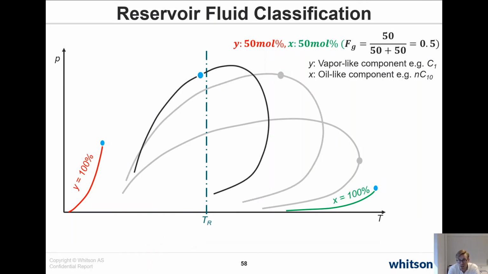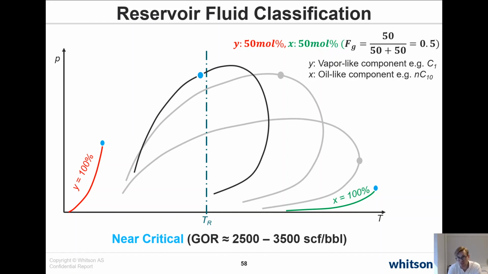And once we've actually added so much gas that the critical point is to the left of the reservoir temperature, then we are talking about a gas condensate system, or something that's very, very near critical. So this is actually a near critical gas condensate system. But for practical purposes, when things are this near critical, we in general just call it a near critical system.